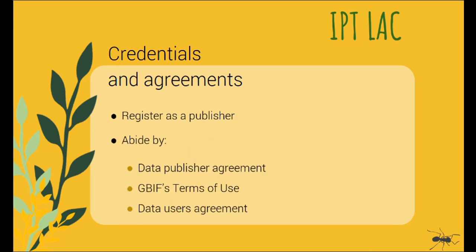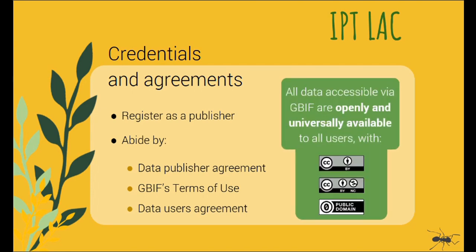When publishing through the IPT LAC, all organizations will agree to abide by the Data Publisher Agreement and GBIF's Terms of Use, which state that all data accessible via the GBIF network are openly and universally available to all users within the framework of the Data Users Agreement, under one of three possible Creative Commons licenses or waivers: CC0, CC BY, or CC BY-NC.